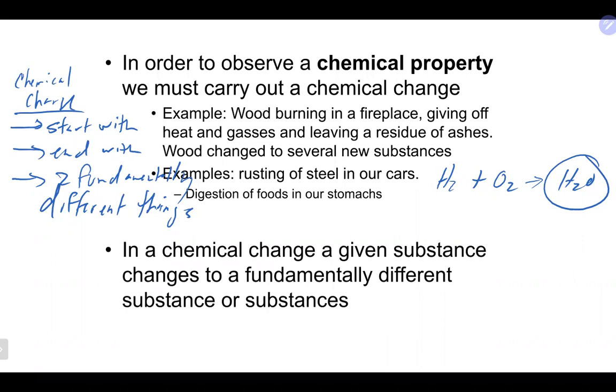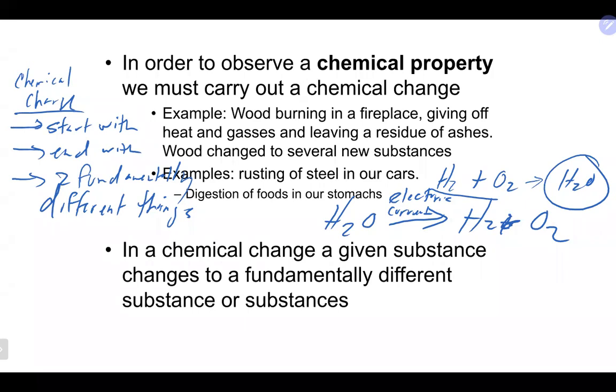So in order to get these back, we would actually have to do another chemical reaction where we would run an electrical current through it, and you could break apart the water into hydrogen gas and oxygen gas. We'll do it a little bit later on in a lab, I think, so you could actually see that. But you can't really get back the original components by any type of physical means. You have to do a chemical reaction.